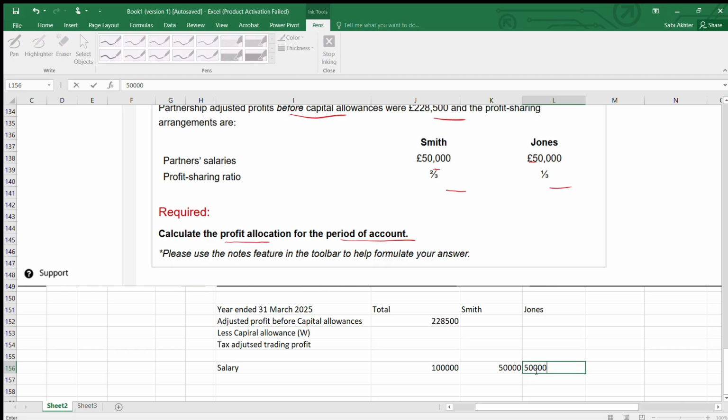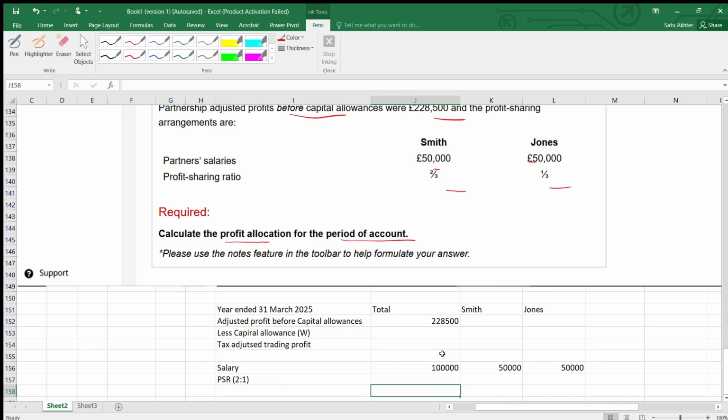Then profit sharing ratio. Okay. So profit sharing ratio 2:1, because they have given 2/3 and 1/3.